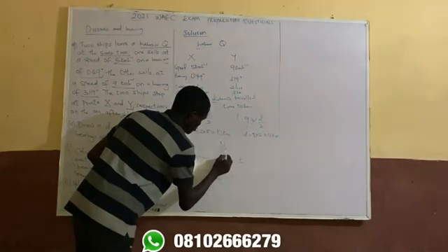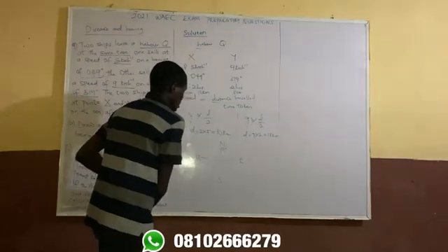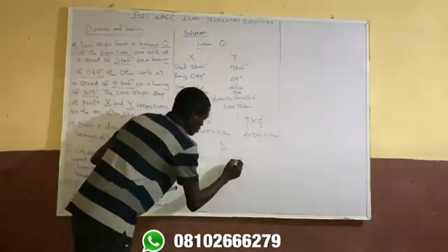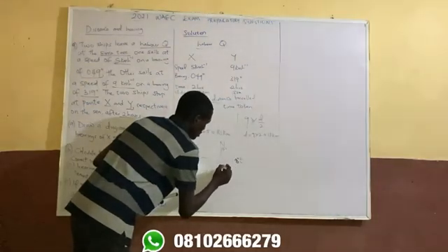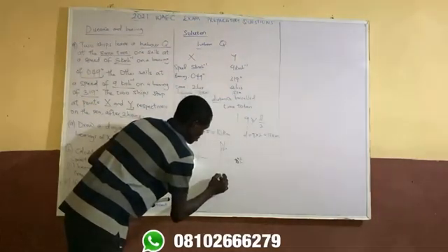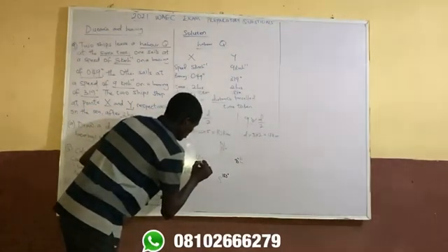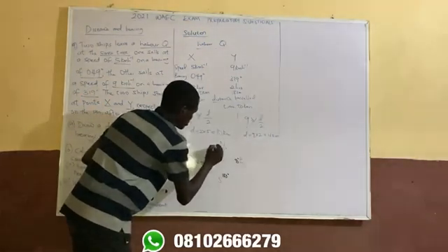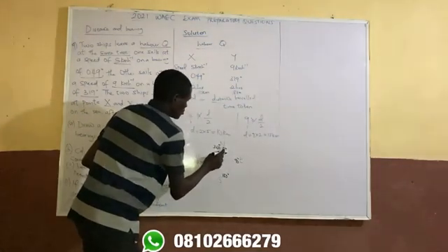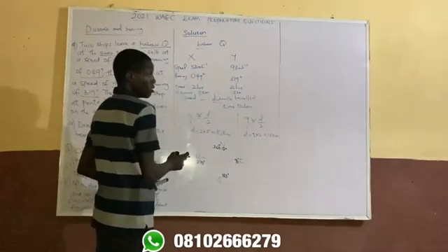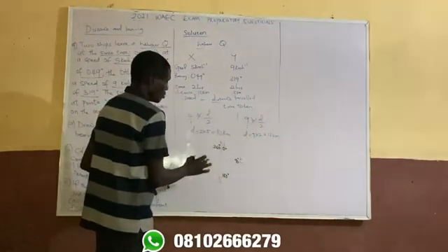So it starts moving from 0 to 90 degrees, from 90 to 180 degrees, from 180 to 270 degrees, and from 270 to 360 degrees.